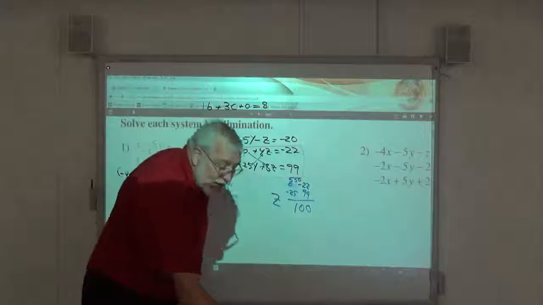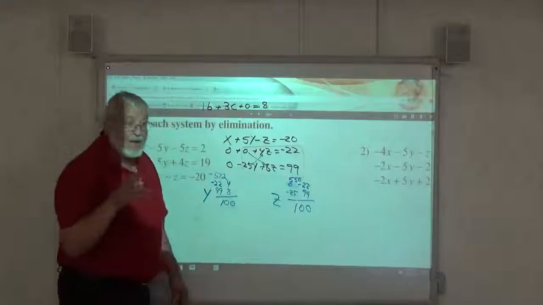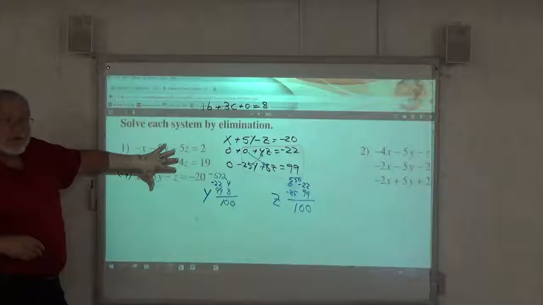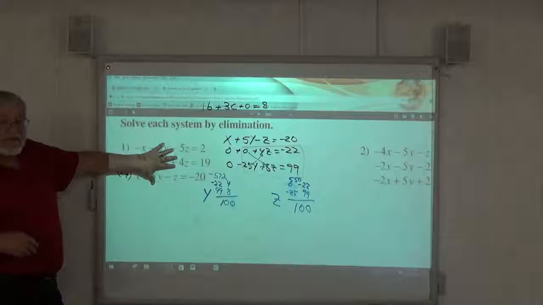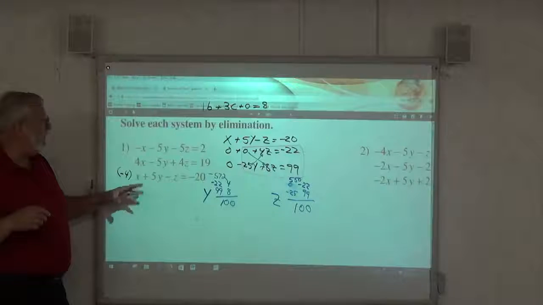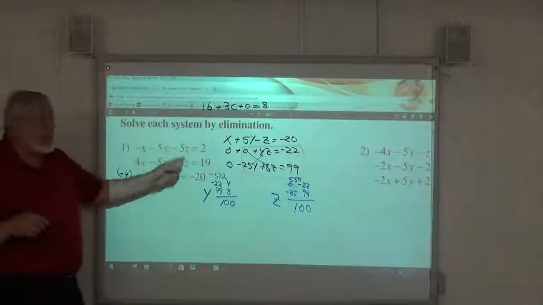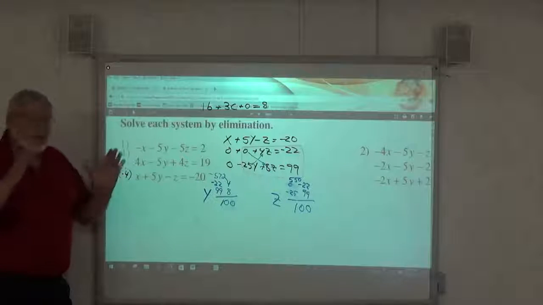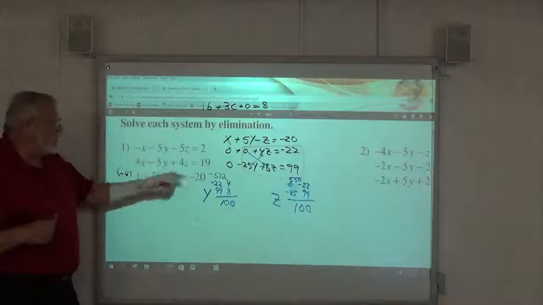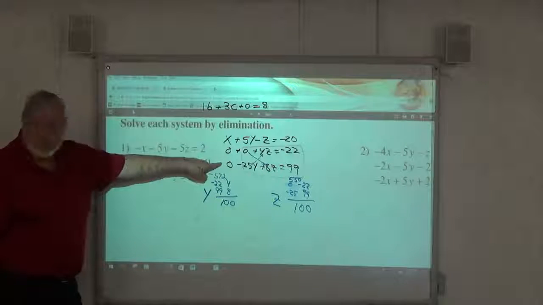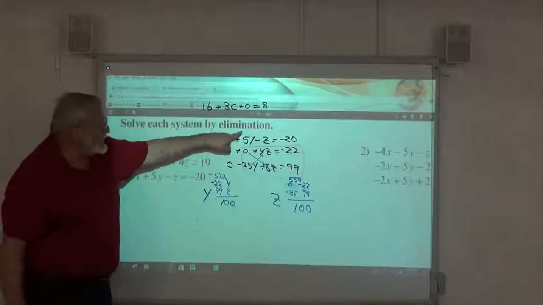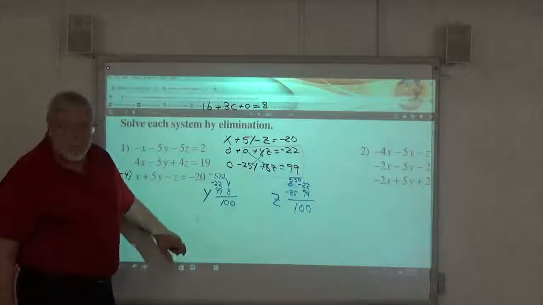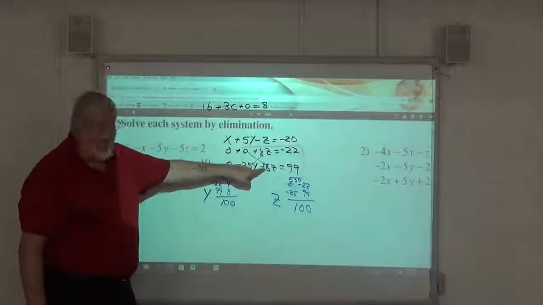Now, when you get into Algebra 3, there is a way to work this so that you don't have to worry about the X, Y, and Z, and it's called matrixing. What you do is keep working until you have 1, 0, 0, and then 0, 1, 0, and then 0, 0, 1.